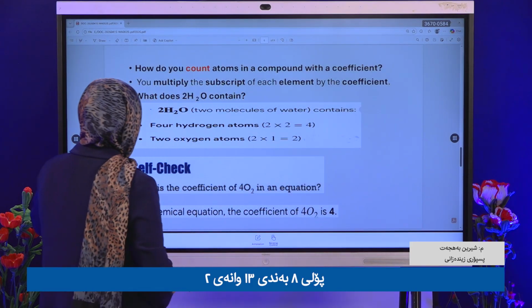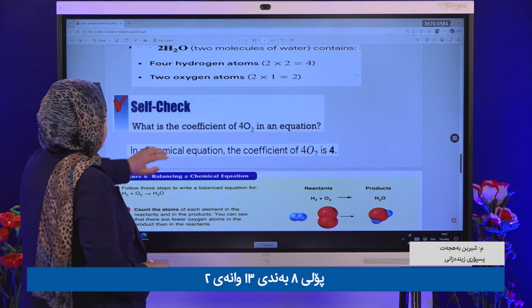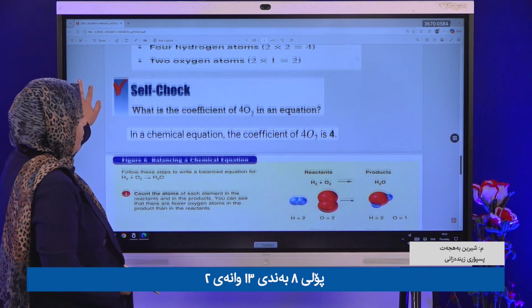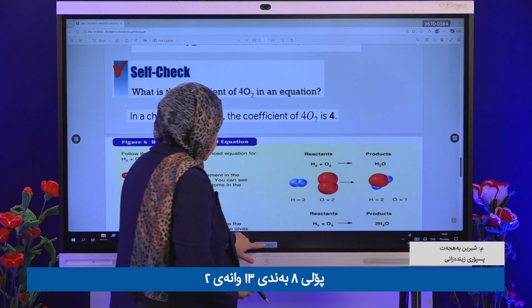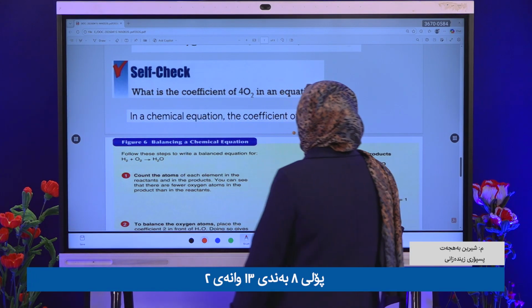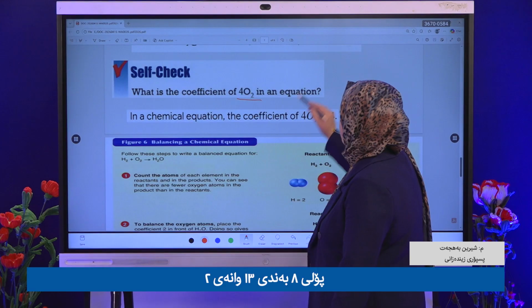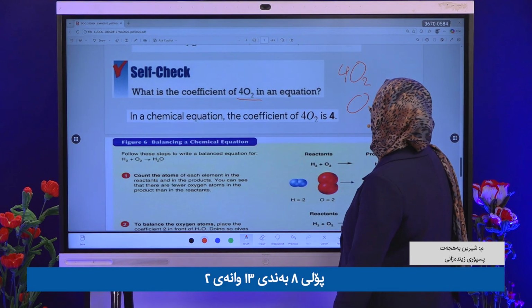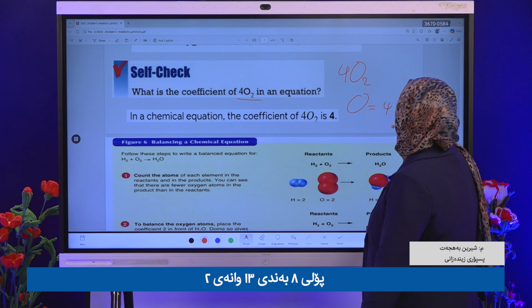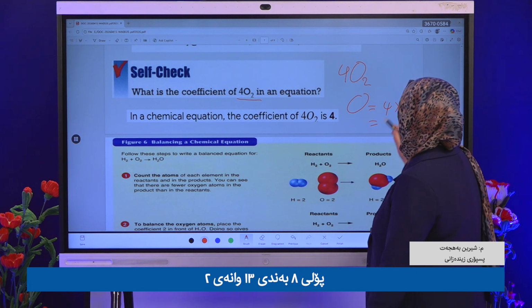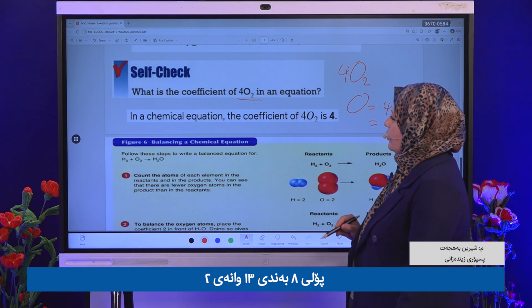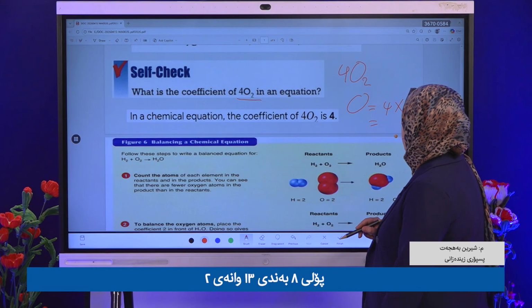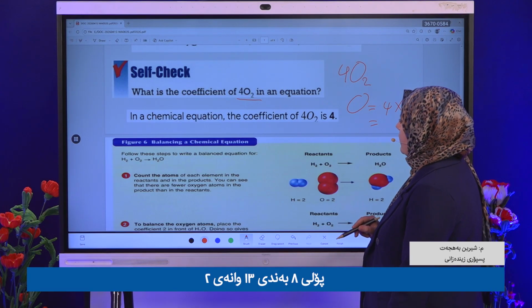We have a self-check. What's the coefficient of 4O2? Oxygen is equal to 4 times 2.